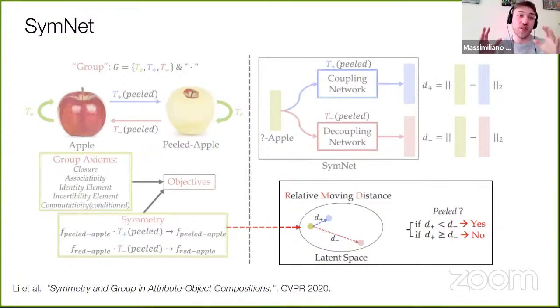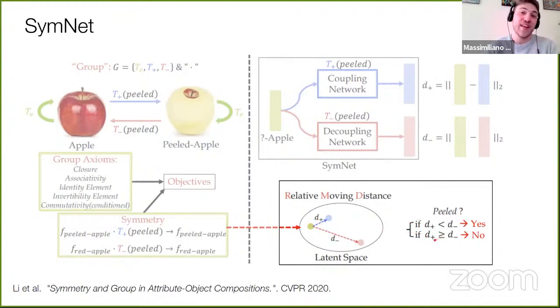And you can compute this D plus and D minus for every object and for every state in your dataset. What you obtain at the end is that you can check the difference between these distances obtained from adding and removing an attribute.